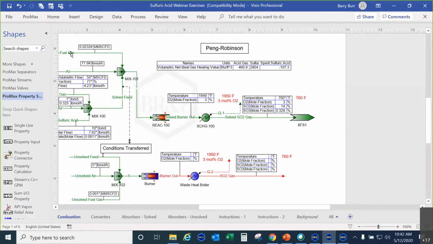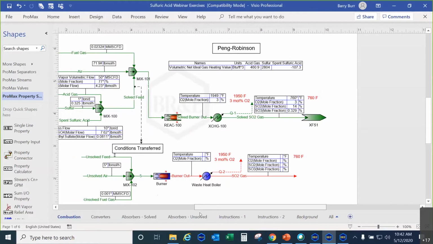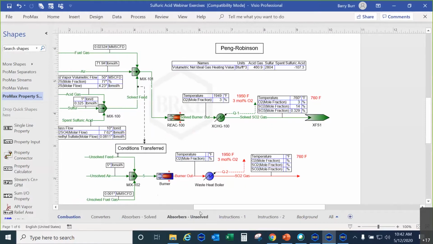I've got a solved case right here that you can refer to. Let's step back a minute. I'm going to place this video that we're watching on YouTube, so you'll be able to see the video, and along with that YouTube video, there's going to be a link where you can download these 3 files: the dry sulfuric acid process, the wet sulfuric acid process, and then these exercises.